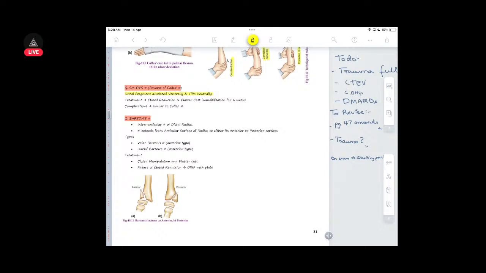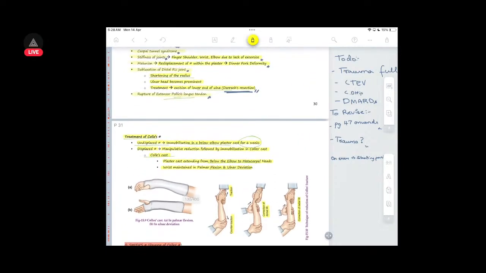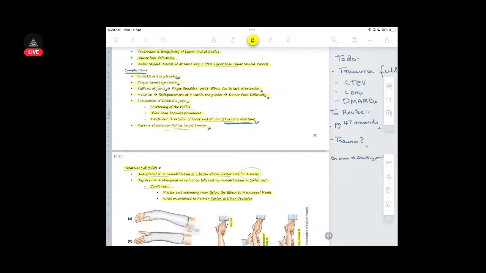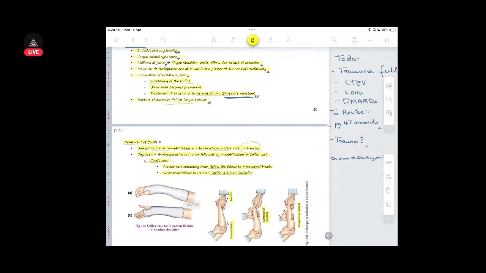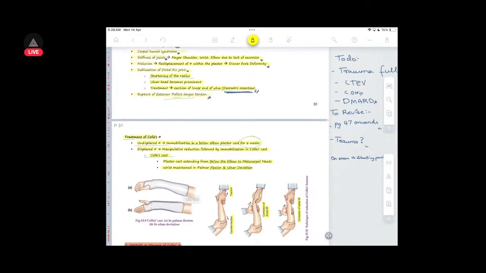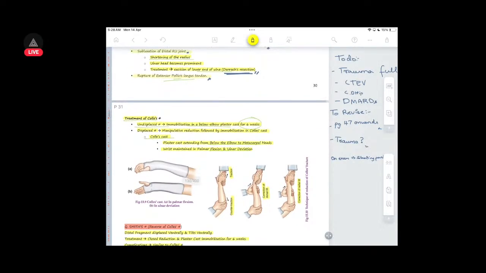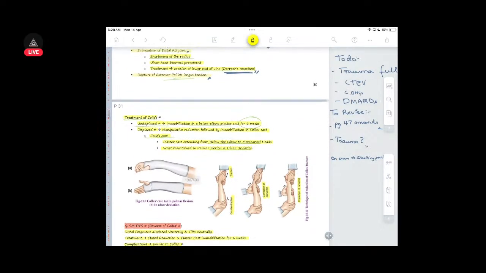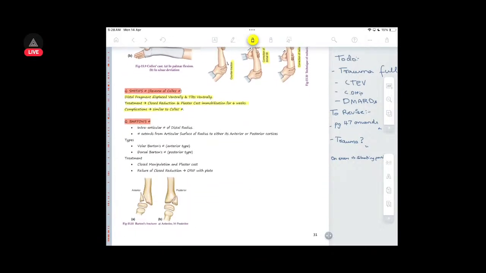Smith is tilting ventrally. Closed reduction and plaster cast immobilization for 6 weeks, and complications are similar to Colles: Sudeck's osteodystrophy, carpal tunnel syndrome, stiff joints, malunion, subluxation of the distal radioulnar joint, and rupture of the extensor pollicis tendon.